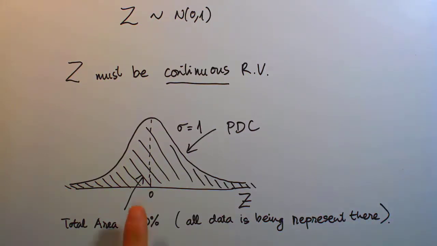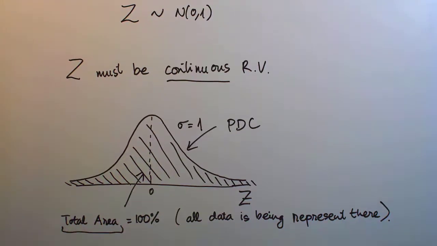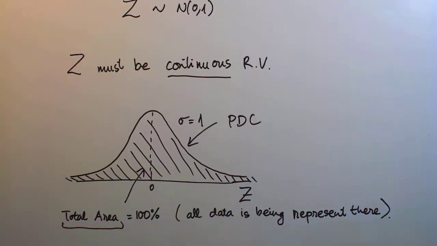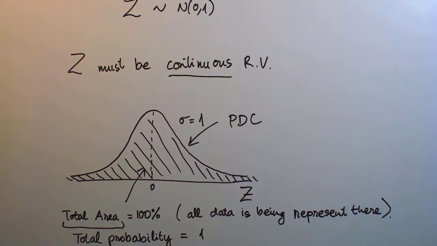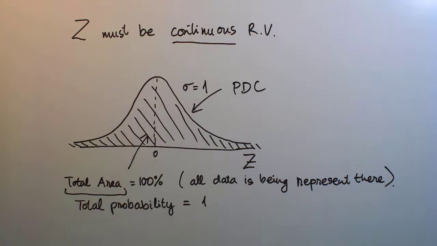But also thinking of that area here as the total accumulated probability on a bell curve, it also means the total probability must always equal 1. So two ways of thinking about that.